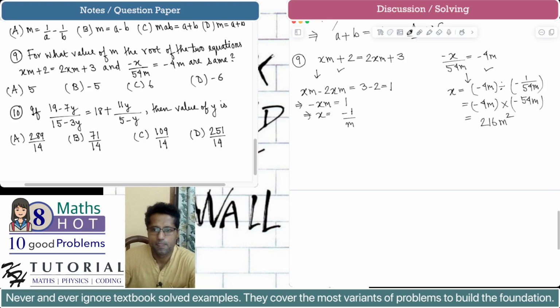minus 1 by m. It is given that the roots of the solution of the two equations are same. So we can say minus 1 by m is equal to 216 m square.